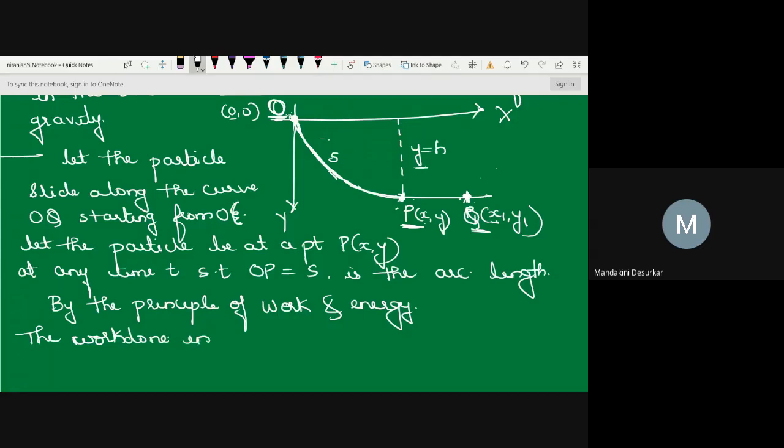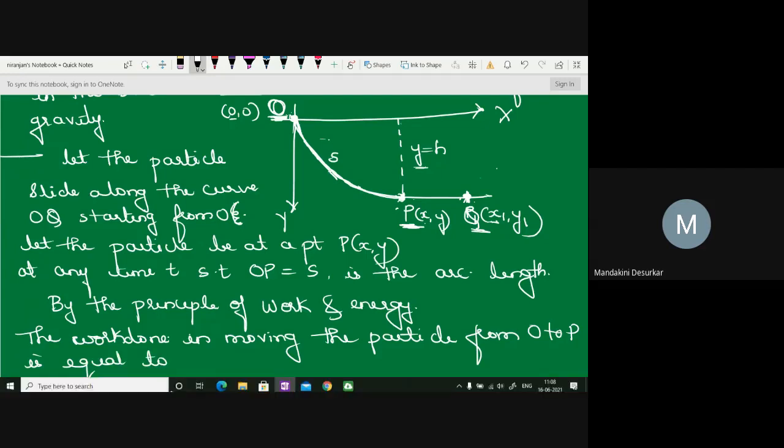See, what is the work done in moving the particle from O to the point P? What does that equal to? In moving the particle from O to P, what is that equal to?